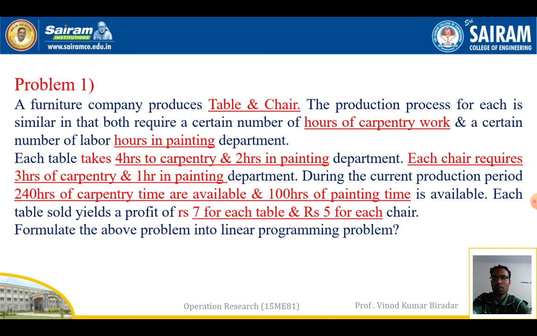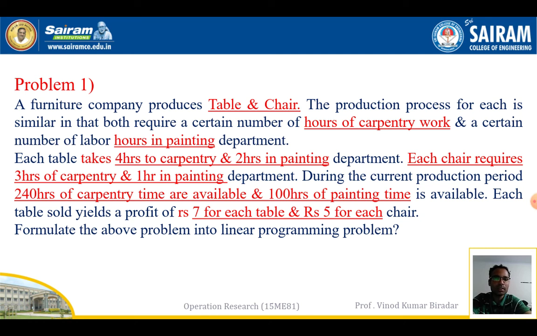Problem number one: a furniture company produces tables and chairs. The production process for each requires a certain number of hours of carpentry work and a certain number of labor hours in the painting department. Each table takes 4 hours for carpentry and 2 hours for painting.